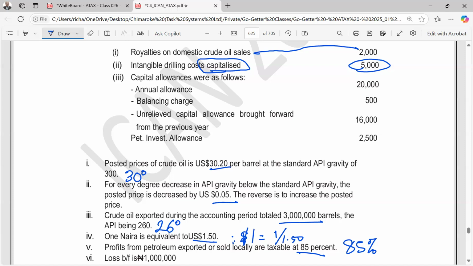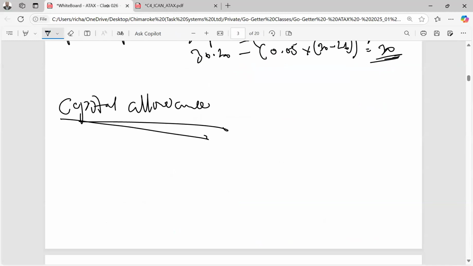So capital allowances, we are given this, we have been given balancing charge, we've treated balancing charge, so we'll not bring it again. So bring capital allowances, charge for the year, plus 20,000.